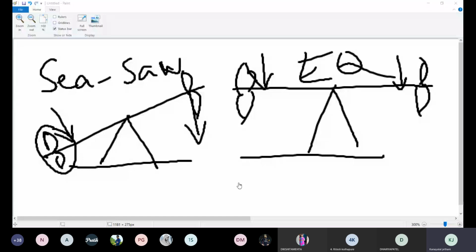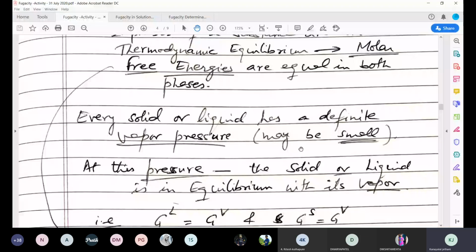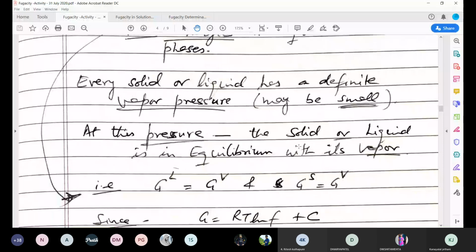Okay. So let's come back to our PDF. So in this case, the condition for equilibrium is that... Okay.